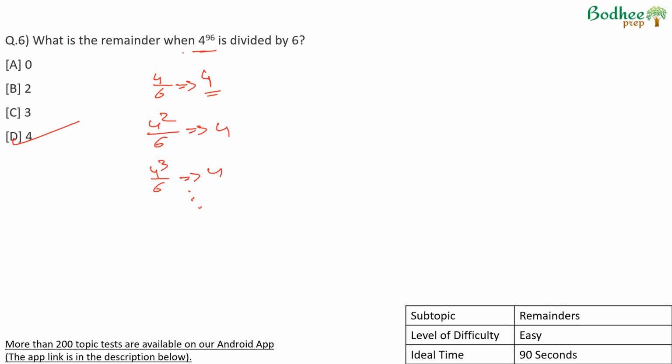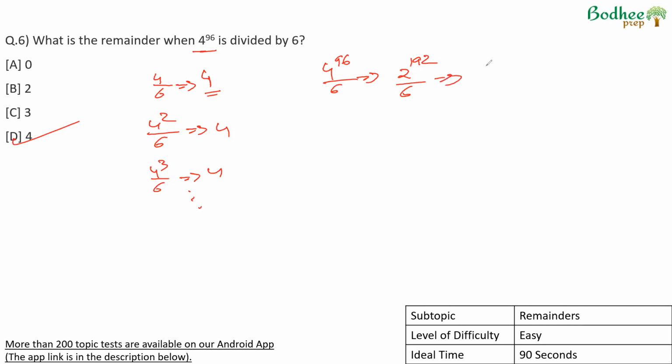If you want to actually solve it as well and we don't know this point, then how do we go about solving this question? 4 raised to power 96 divided by 6 can be written as 2 raised to power 192 divided by 6, since 2 squared is 4 and 2 into 96 is 192.